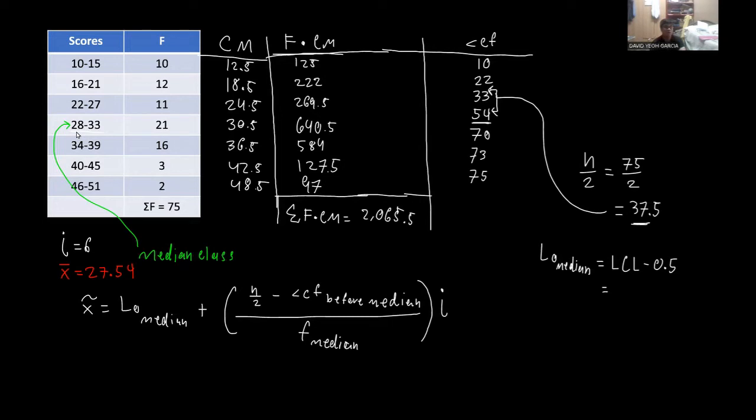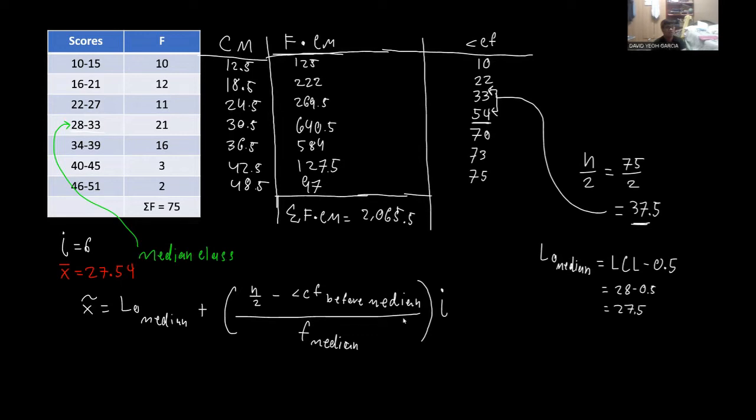Remember that the lower class limit is the beginning value of the class interval. So in the median class, the beginning value is 28. So 28 minus 0.5 will give you an exact value of 27.5.